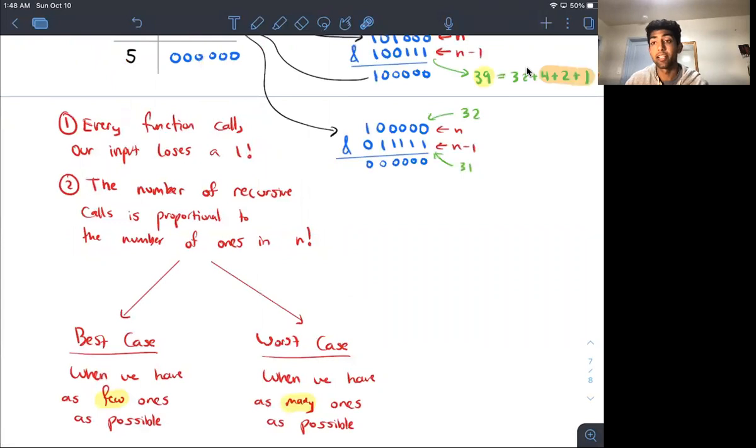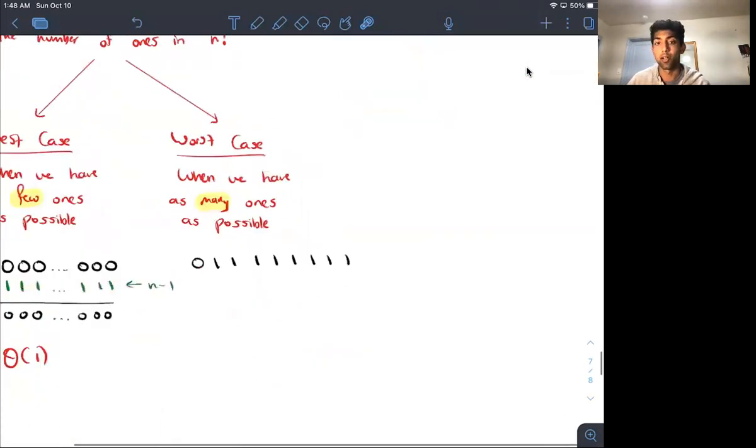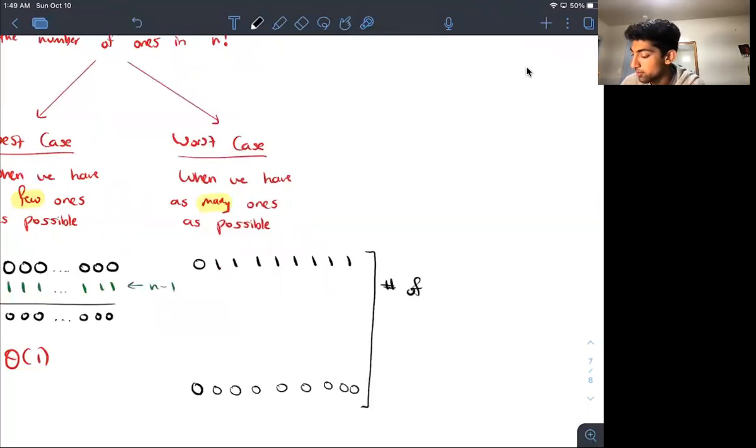More specifically, we lose the rightmost one. But regardless of which one we lose, if I'm looking at all of the function calls needed to eventually get to 0, the total number of function calls is going to be equal to the number of ones.